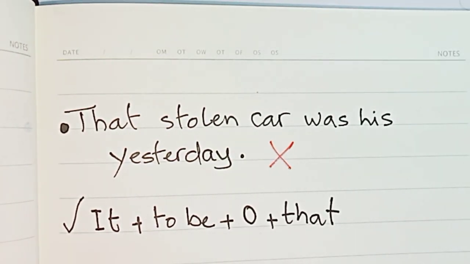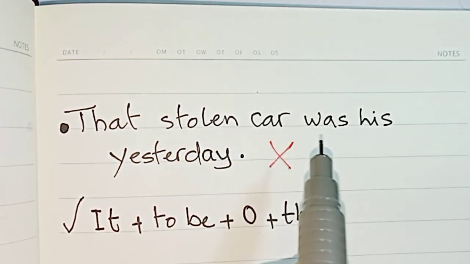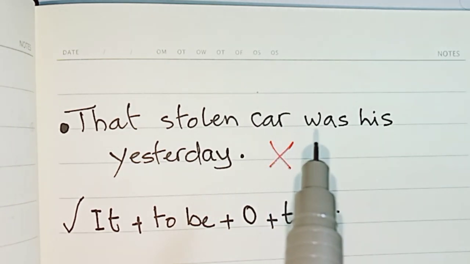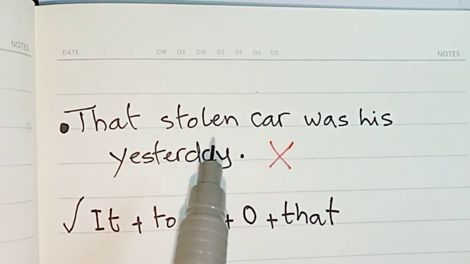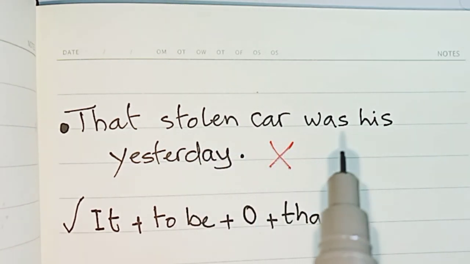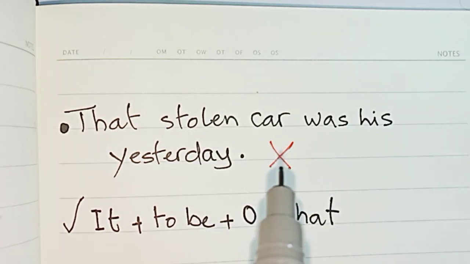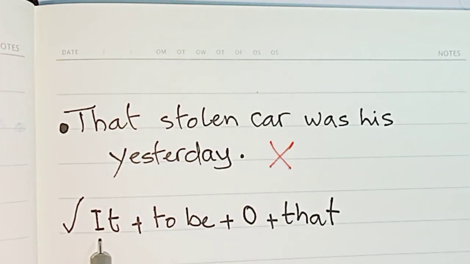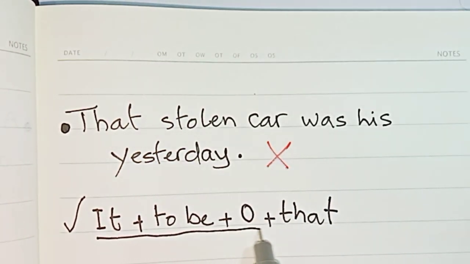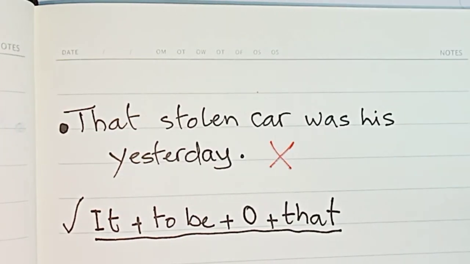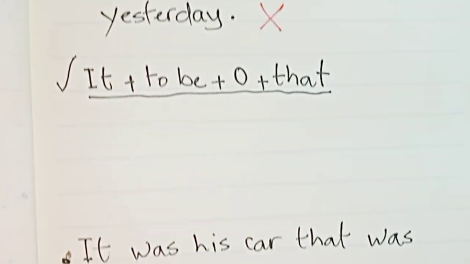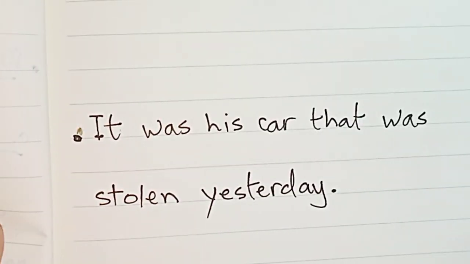Because our focus here is on the owner of the car. In this case, we should form the sentence under this rule. So our sentence should sound something like this.